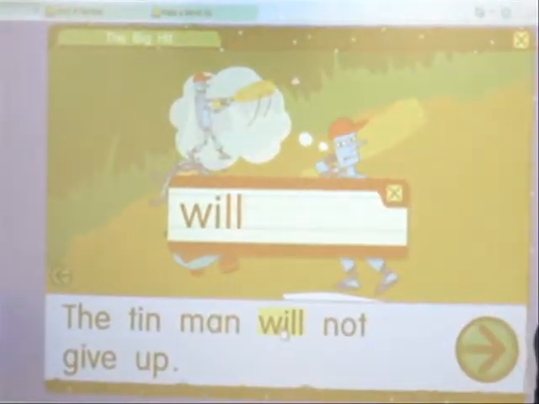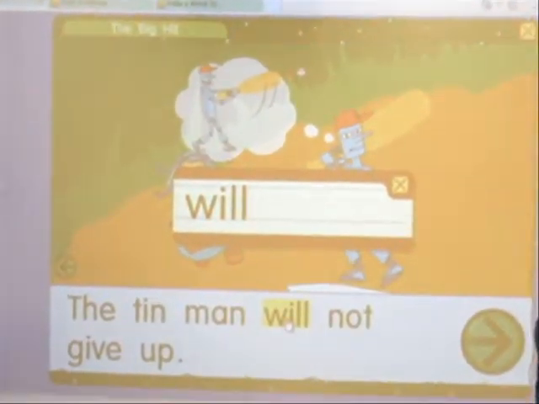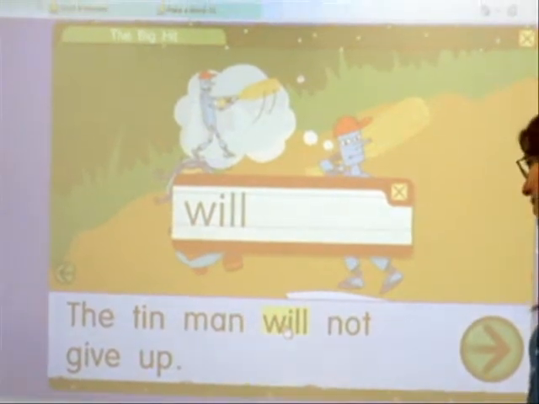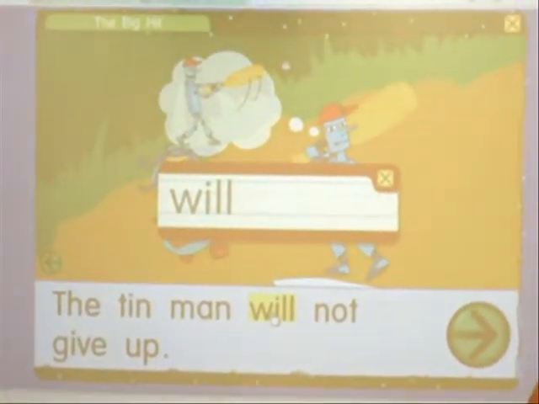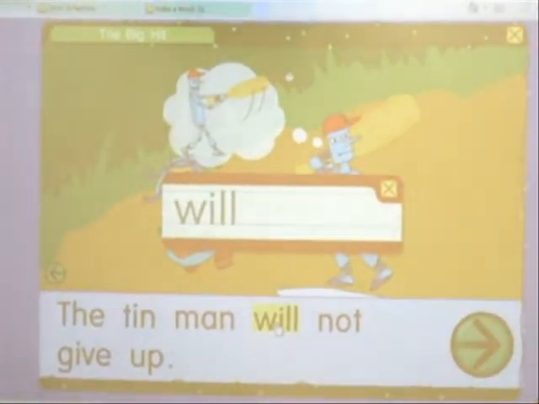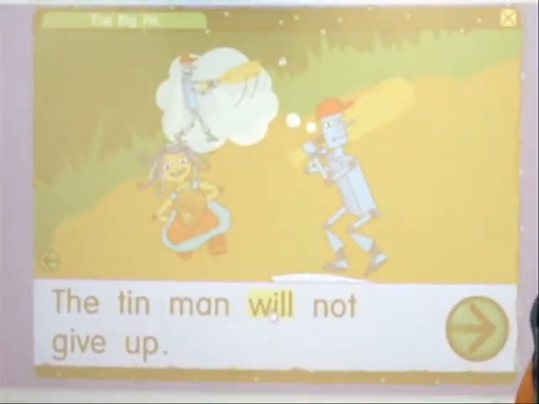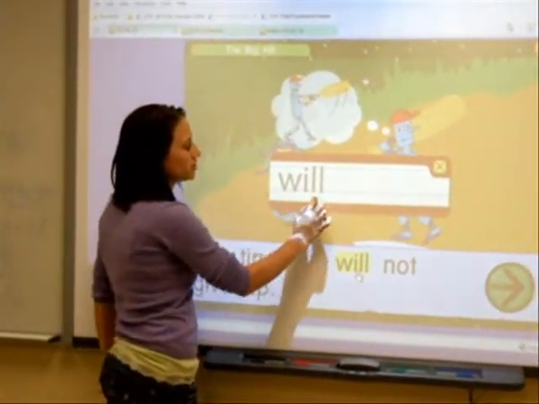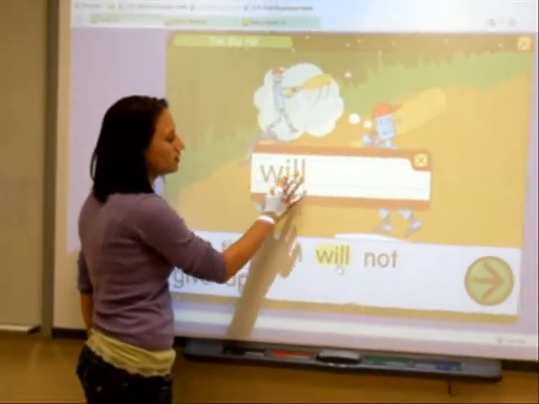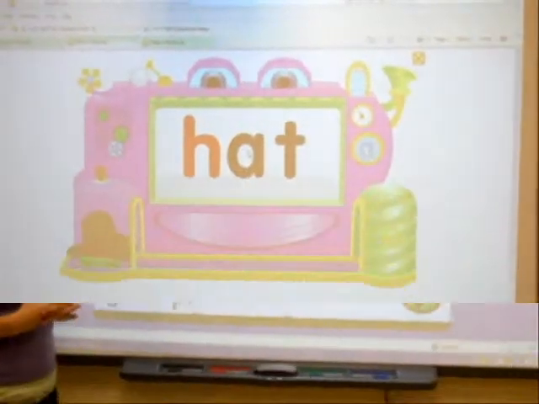Will not give up. So can you read that again? The Tin Man will not give up. Great. Another useful feature on here is that this shows exactly how it would be written as well, so the children can see exactly how it looks on a piece of paper and how they would write it.